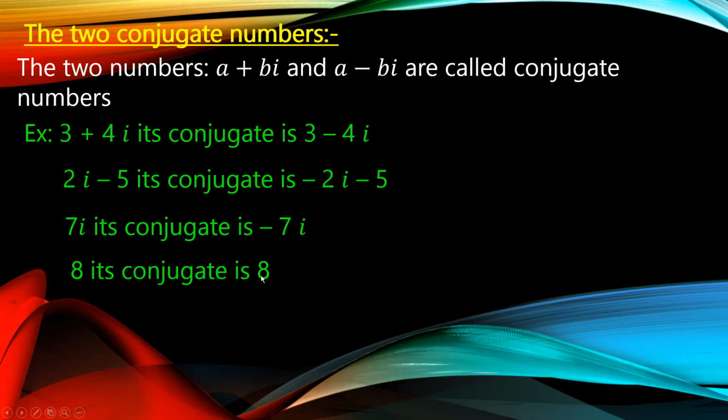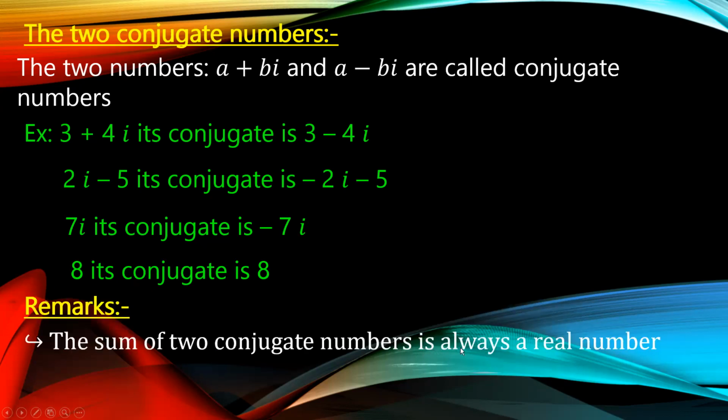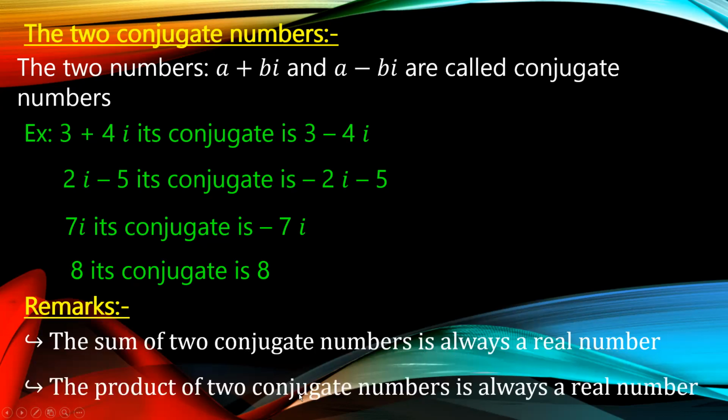I can't change the real part. I will change the sign of the imaginary part only to find the conjugate. Here, the sum of two conjugate numbers is always a real number, and the product will also be a real number. Thank you.